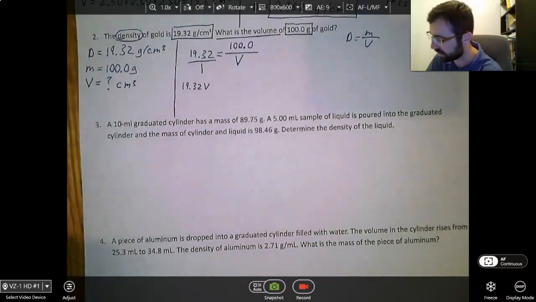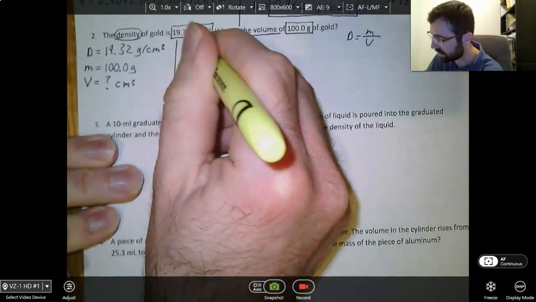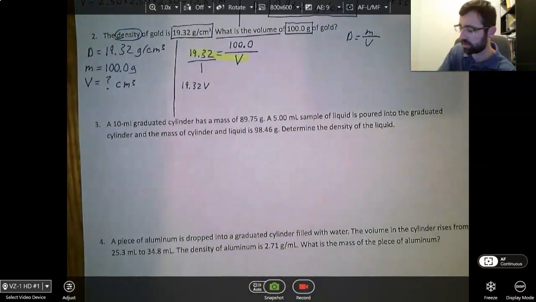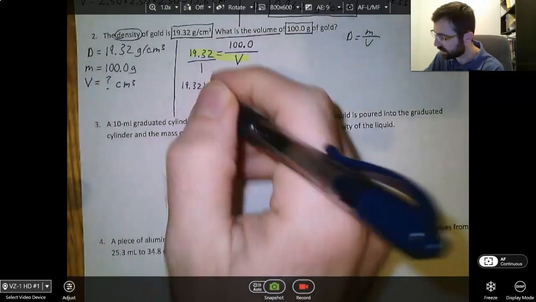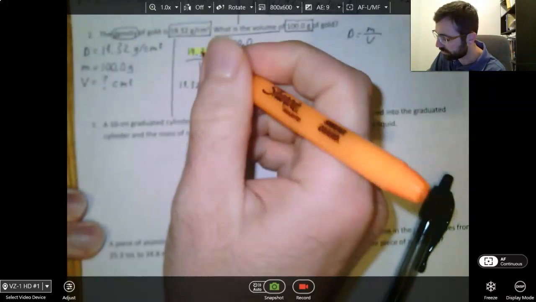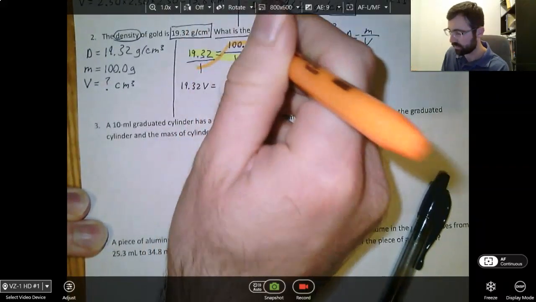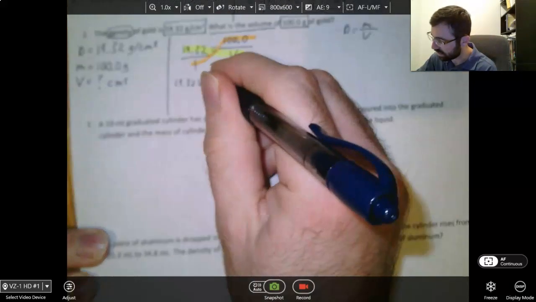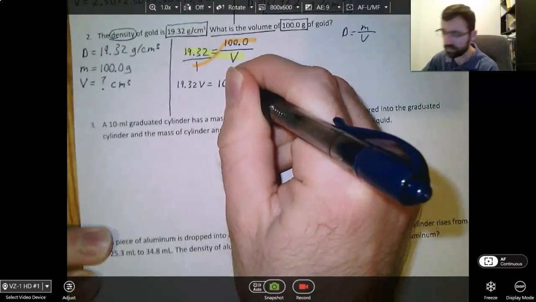I'm going to use a highlighter to kind of show that. 19.32 V is equal, and then we're going to cross multiply 1 times 100, which gives us 100.0, okay?